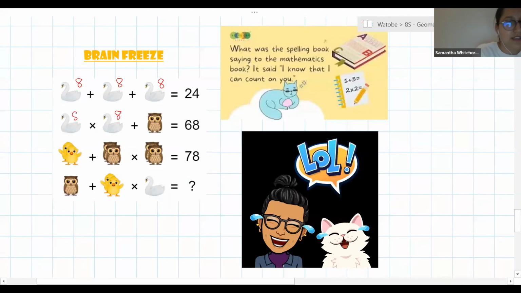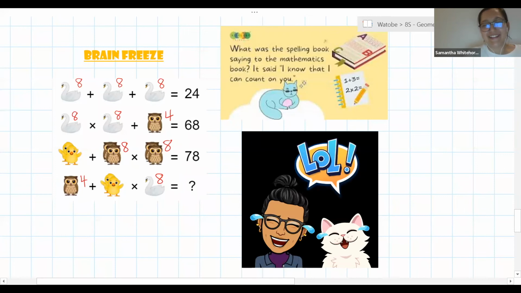Perfect. And then the owl is 4. Good. Now, what happens when we've got two owls together? Ma'am, they also become 8, I think. Yes, indeed. And then the ducklings? Oh, ma'am, I don't know.